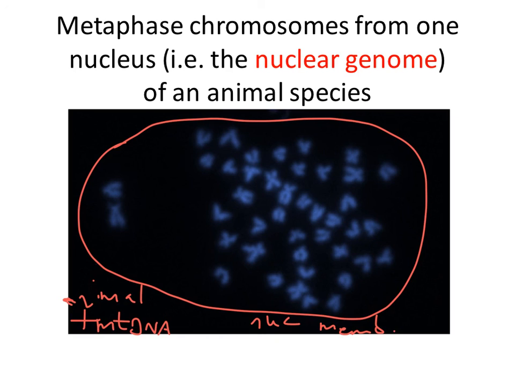We can use these interchangeably. Normally when people in social media, in the news, talk about genome sequencing, they're really talking about the nuclear genome. But technically that also includes all of the other DNA that would be found in a cell: the plastid, chloroplast, and mitochondrial genomes as well. So this is a picture of a nuclear genome.